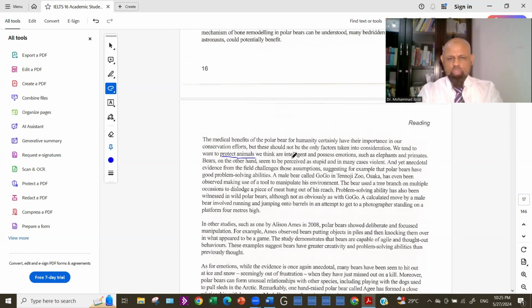Now, we think animals are intelligent and possess emotions, such as elephants and primates. So we tend to protect those animals that are intelligent. Bears, on the other hand, seem to be perceived, perceived means considered, thought, as stupid. So now let's go back. Stupid. Yeah.